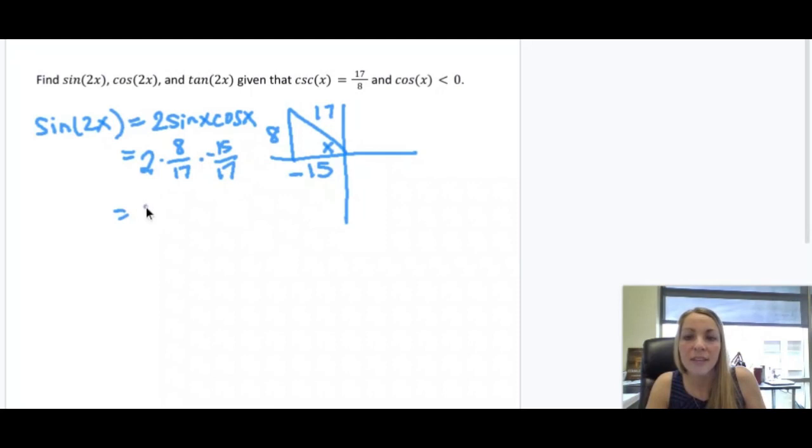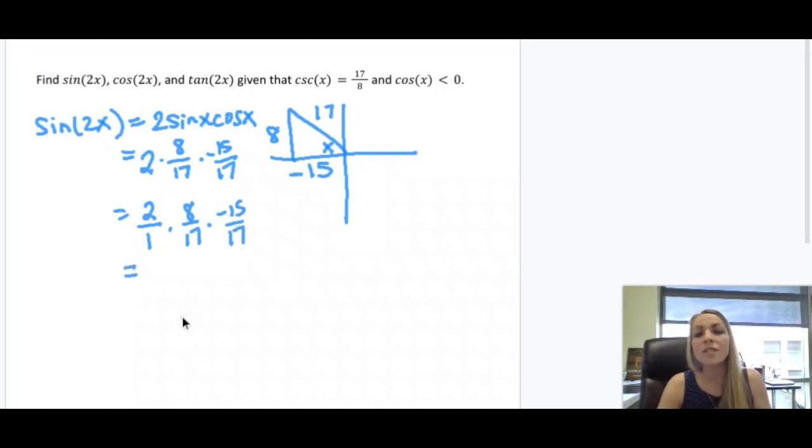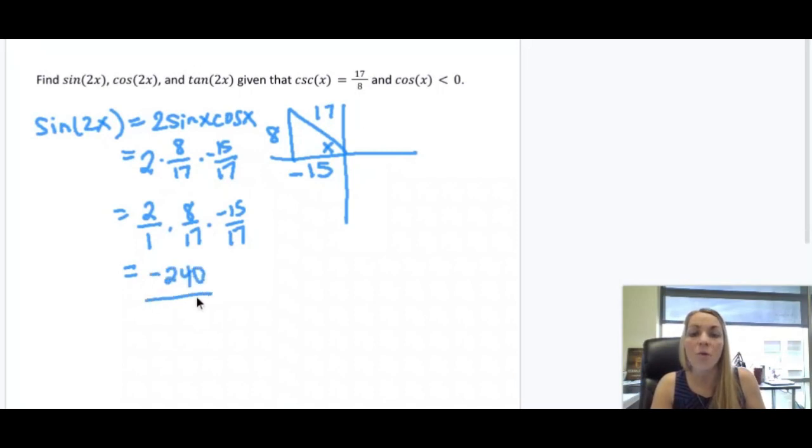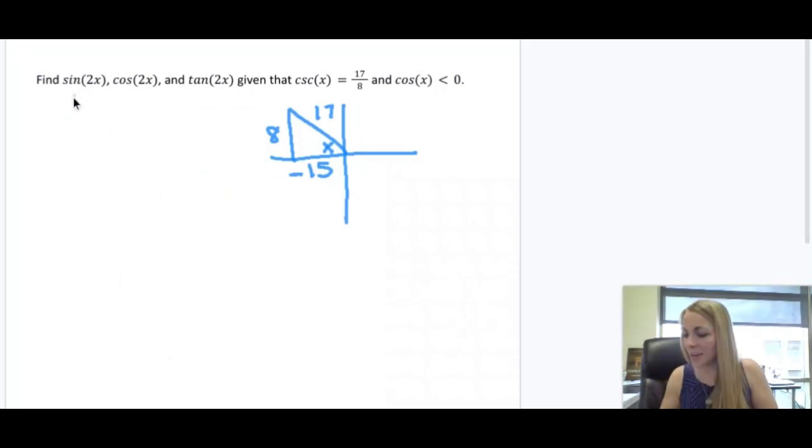Some students like to do this. They like to say 2 over 1 times 8/17 times negative 15/17. So all I'm going to do right now is multiply across on the numerator and multiply across on the denominator. I get negative 240 over 289 for the sine of 2x. For reference, I'm just going to write that up here.